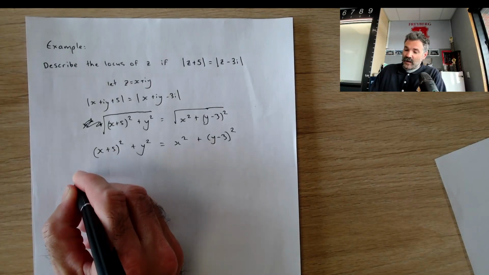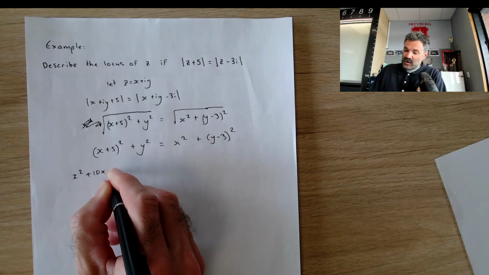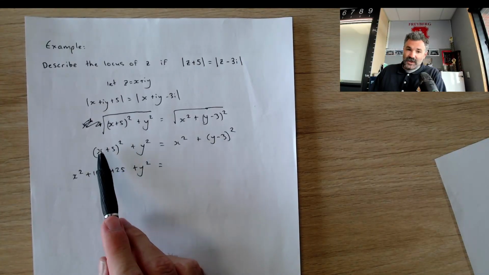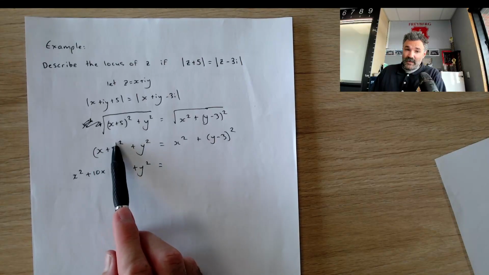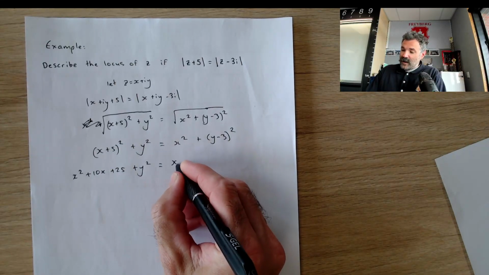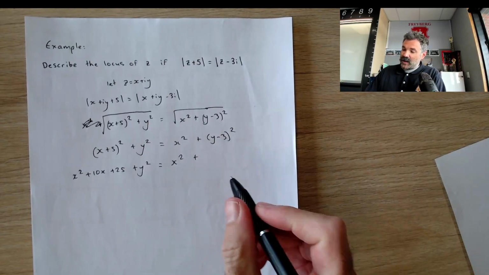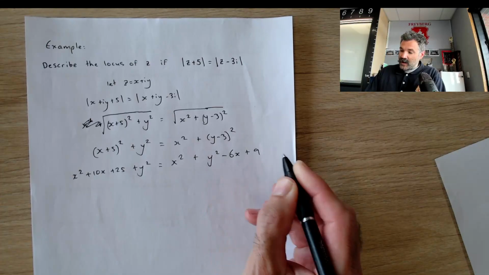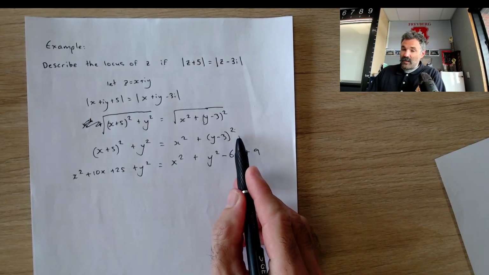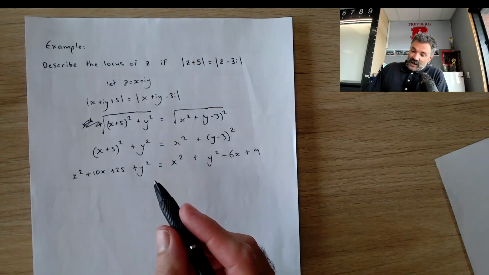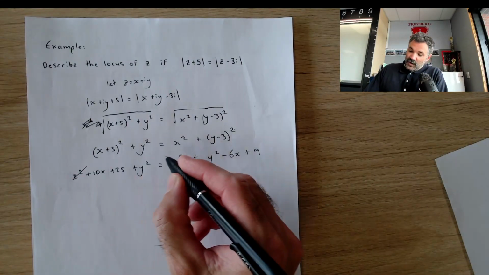Expanding this bracket, x squared plus 10x plus 25 plus y squared. Remember, expanding that bracket is not just x squared plus 25. You have to imagine two brackets, expanding it using your whole method. This is x squared. This will be similarly y squared minus 6y plus 9. That's imagining there was another bracket that said y minus 3 and opening that up. All right, so the beautiful thing is I can subtract x squared from both sides, and it's gone.